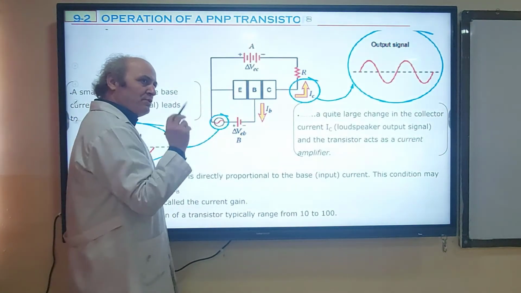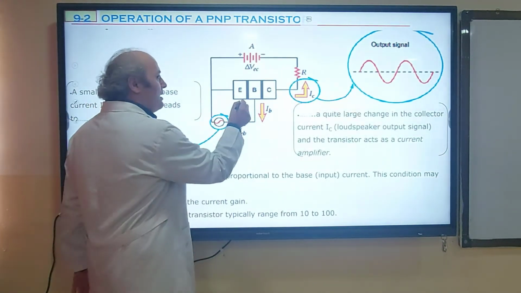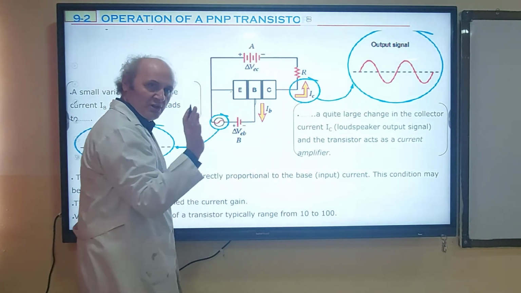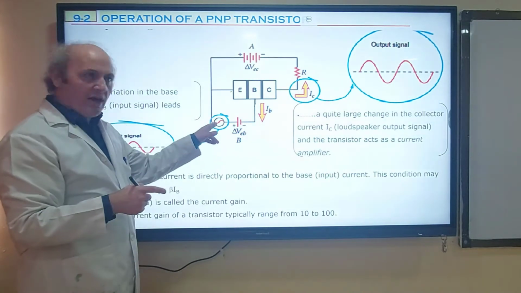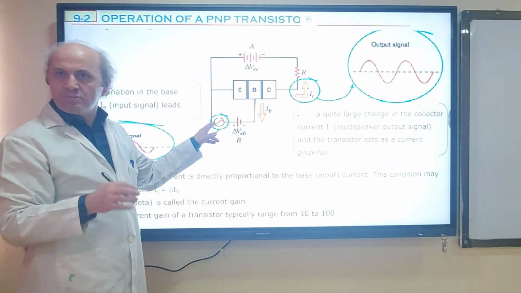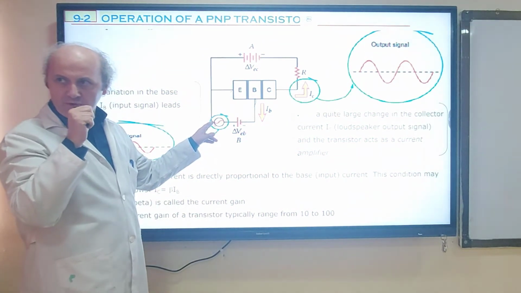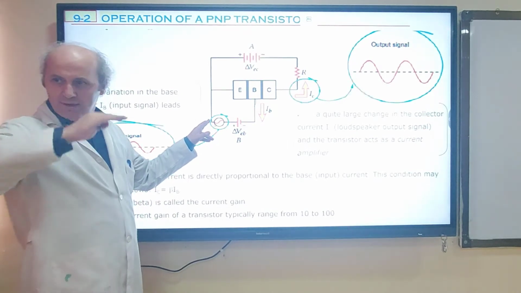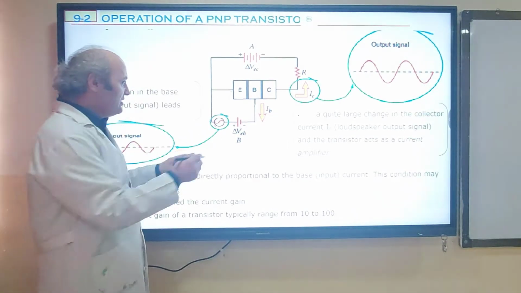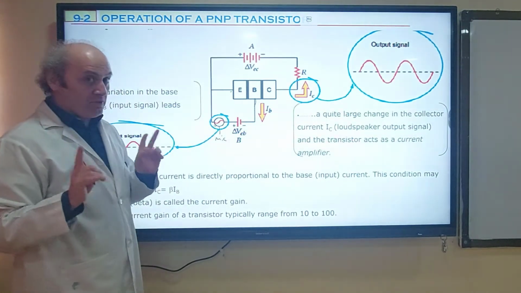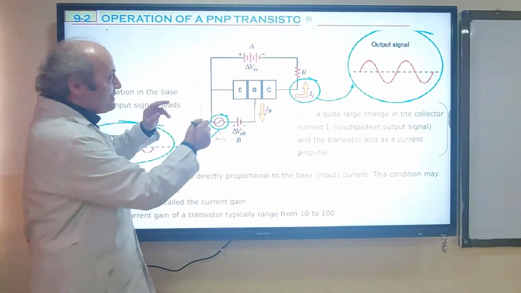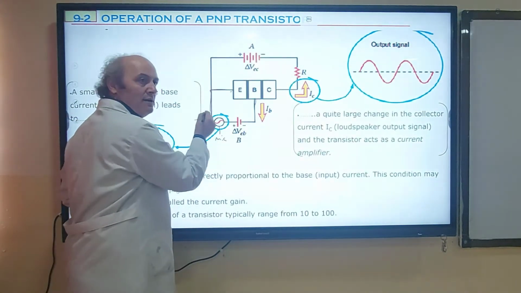We said that the input device must be connected between the base and emitter, correct? This alternating generator symbol is representing the microphone. Because when you are talking to the microphone, you are producing an alternating current.